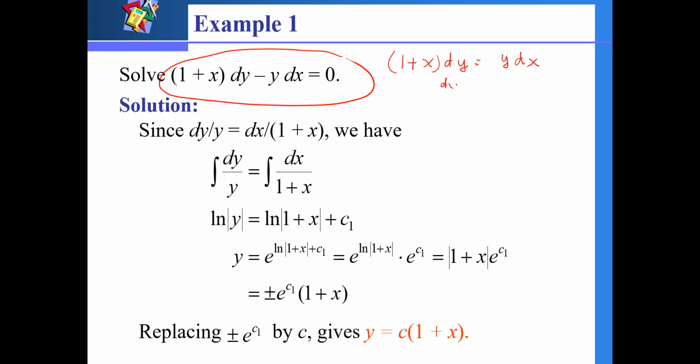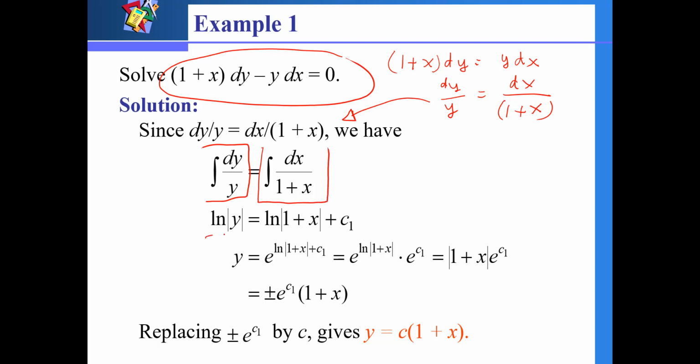So dy/y is equal to dx/(1 plus x). We integrate the two terms, the left term and then the right term. So the integral of dy/y is equal to the integral of dx/(1 plus x).